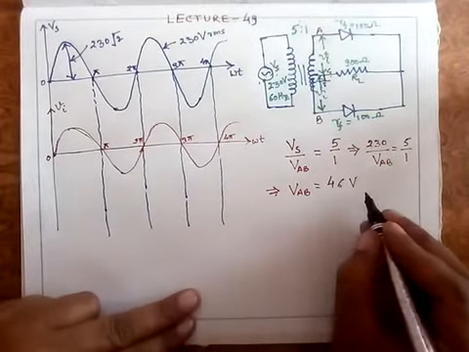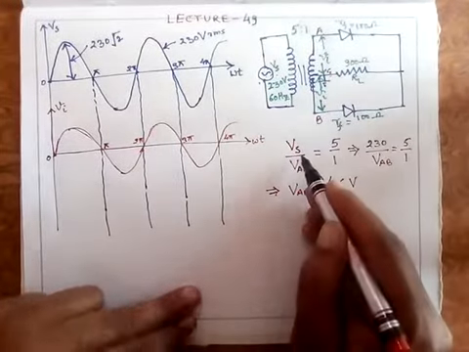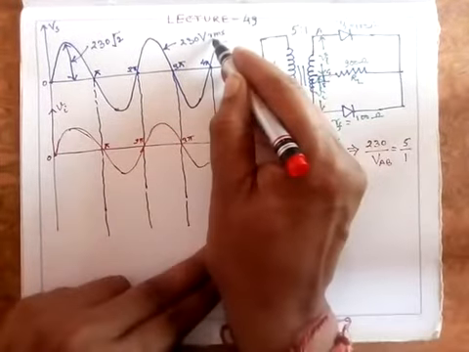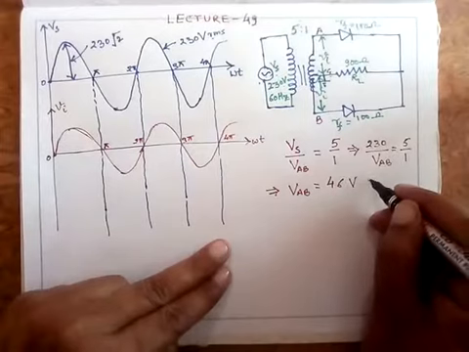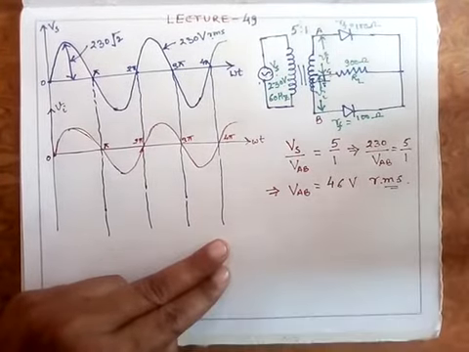I hope that this is clear to you. Since this 230 volt is RMS, naturally this is an RMS value. It is not the maximum value.